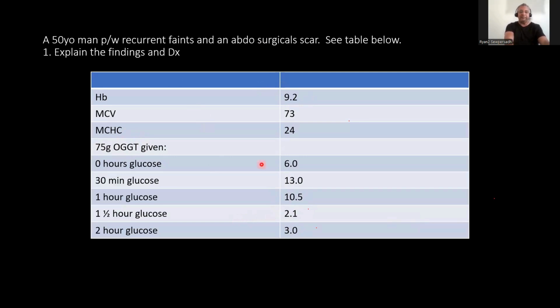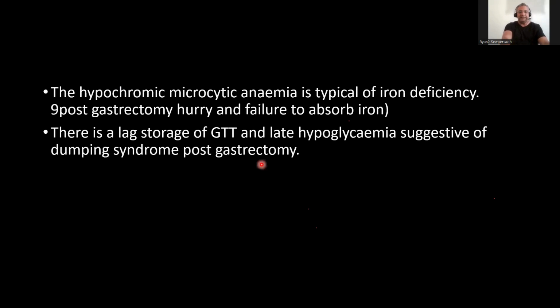So this is what we call dumping syndrome, okay? Dumping syndrome due to malabsorption and this gastrectomy, and there's this dumping of acidic chyme or food from the stomach straight into the bowel without it being properly digested. And as a result, you have hypoglycemia, which lags after the food or the glucose load.